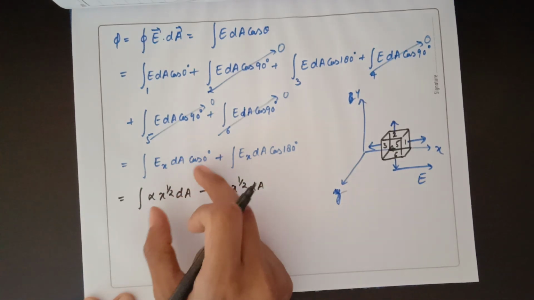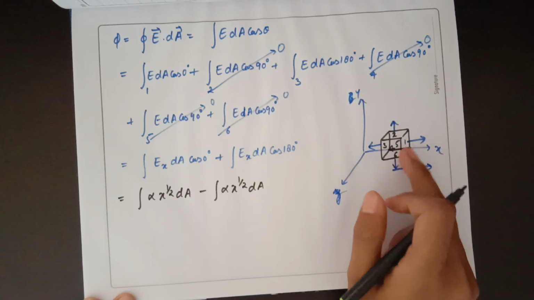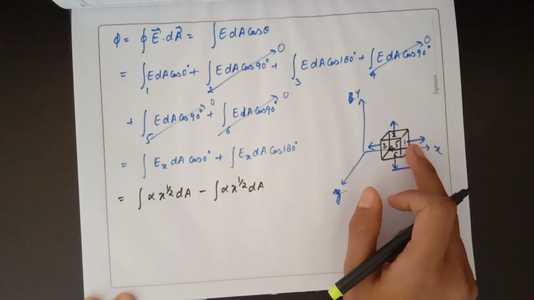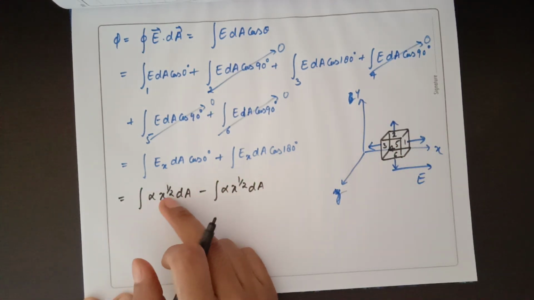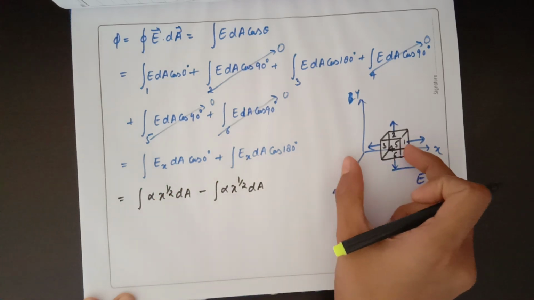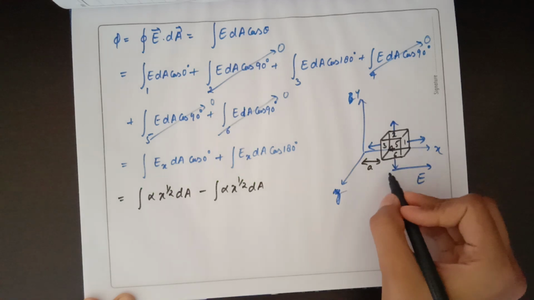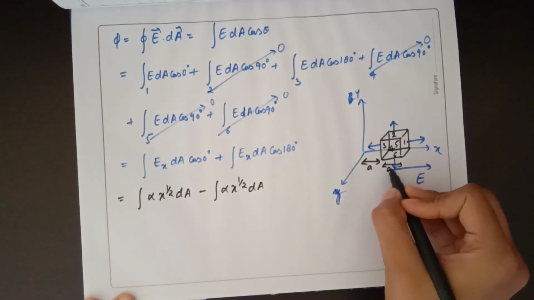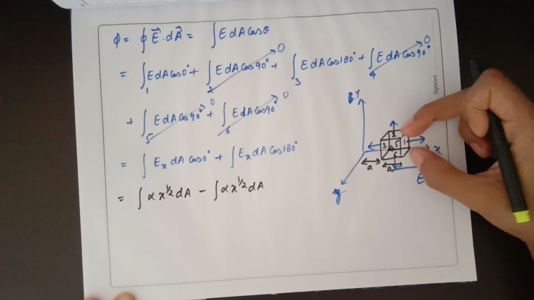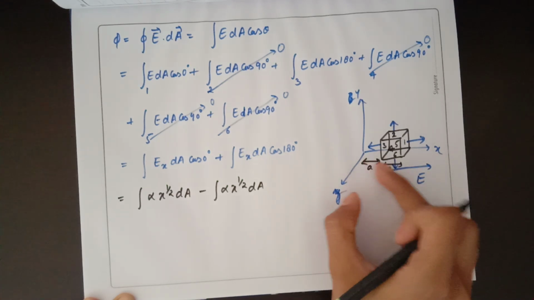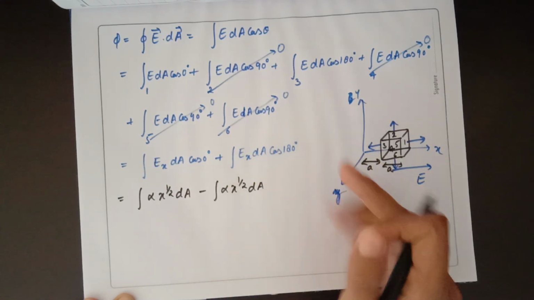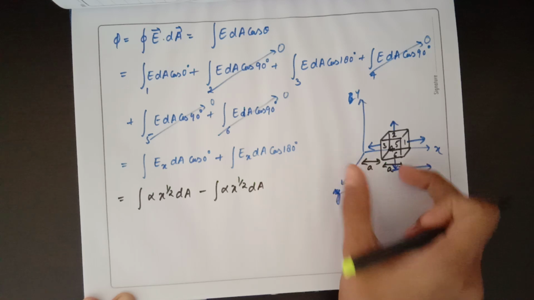Again for the first surface, as you can see, first surface is here, and what is the value of x for this surface? As you can see, this was placed at a distance of a and this distance is also a. So this surface is placed at a distance of 2a. So the value of x is 2a here.